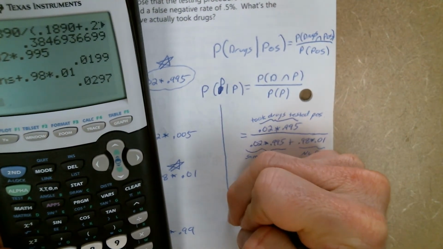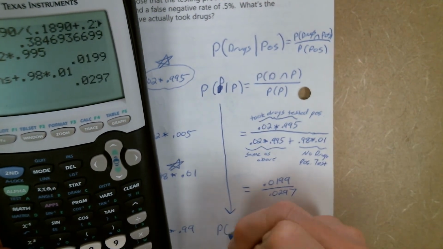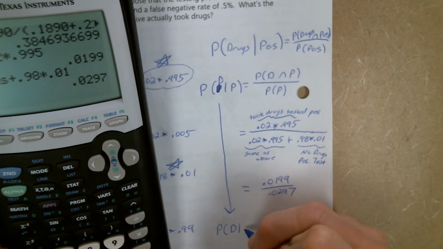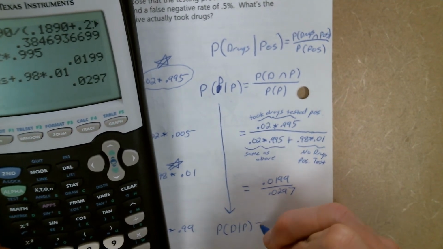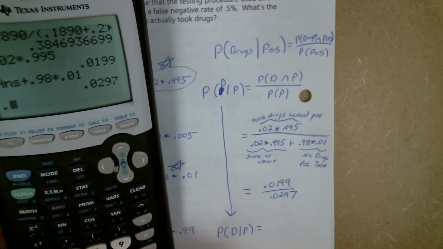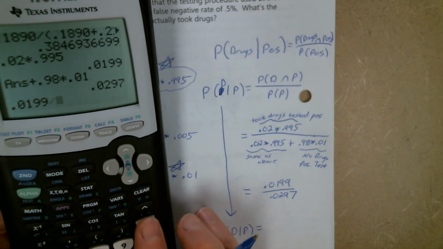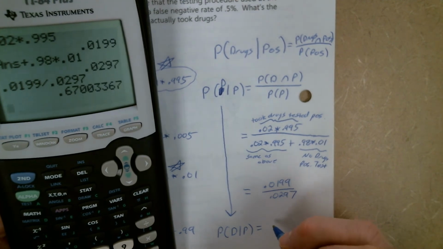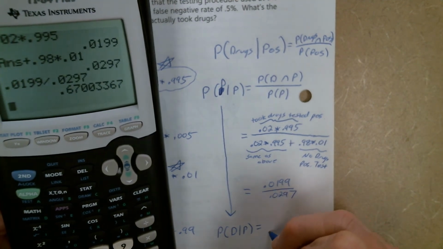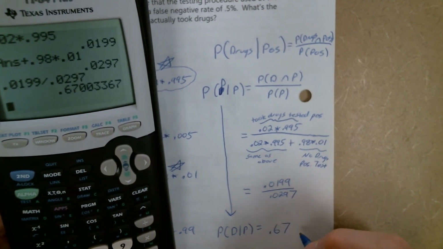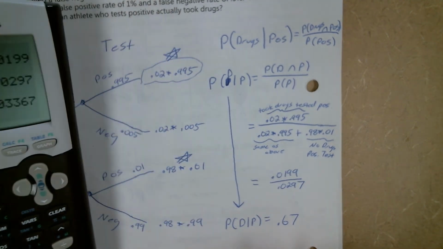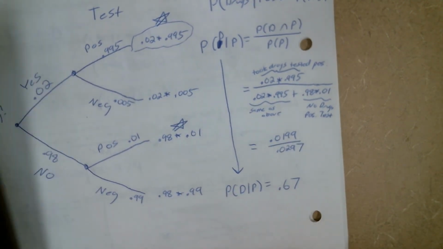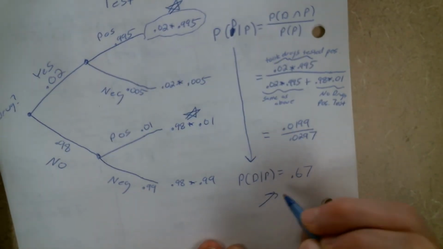So again, if we drag this down here, the probability of taking drugs given that you've tested positive is 0.0199 over 0.0297, or 0.67.